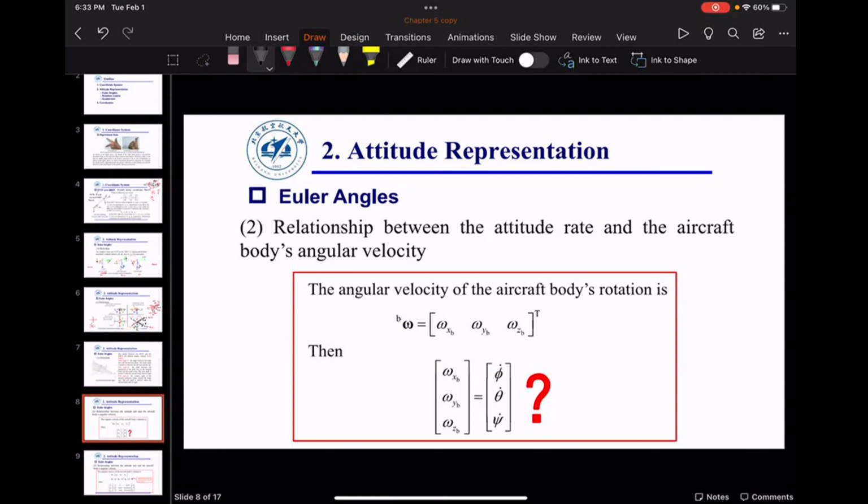This problem is resolving the aircraft vector. It could be a position vector or a velocity vector in the inertial coordinate frame. Everyone understood this? And we have solved this problem.